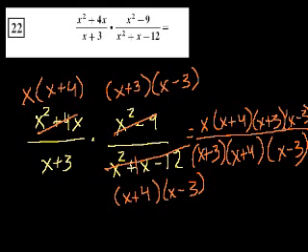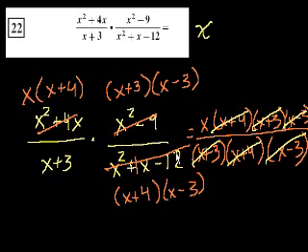And now we can cancel. We have an x minus 3, x minus 3, x plus 4, x plus 4, x plus 3, x plus 3, and all we're left with is an x. So all of this fancy expression equals is an x. And that's choice B. Next problem.